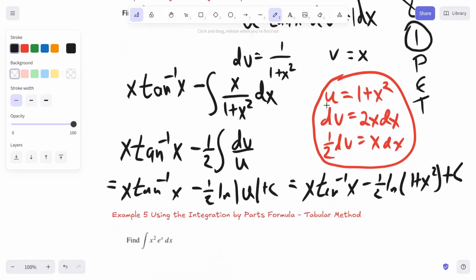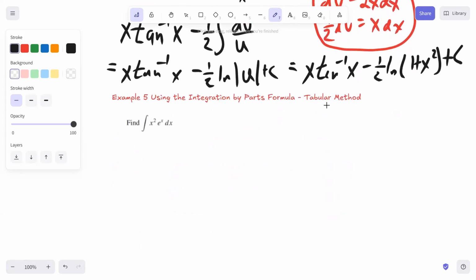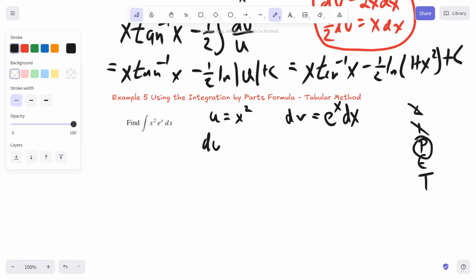The next one we want to look at is x squared e to the x. So if we think in terms of LIATE, we don't have a log, we don't have an inverse trig, but we do have a polynomial with the x squared. So u equals x squared. dv is going to be e to the x dx. So du is 2x dx, and v is going to be e to the x.